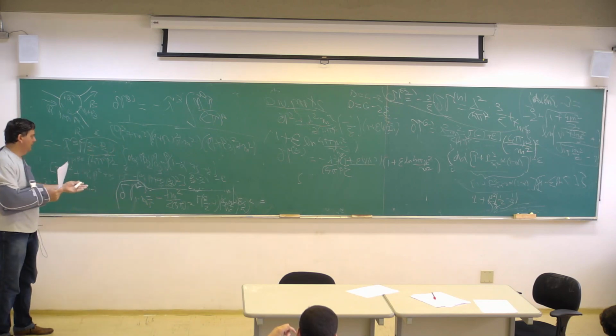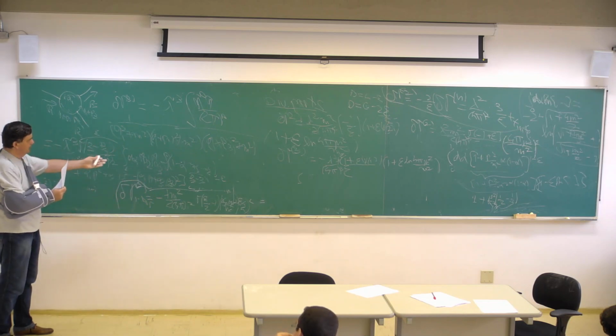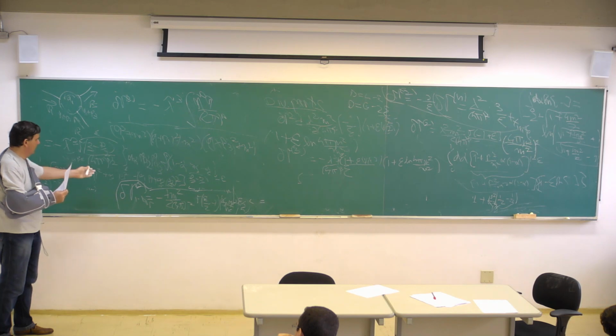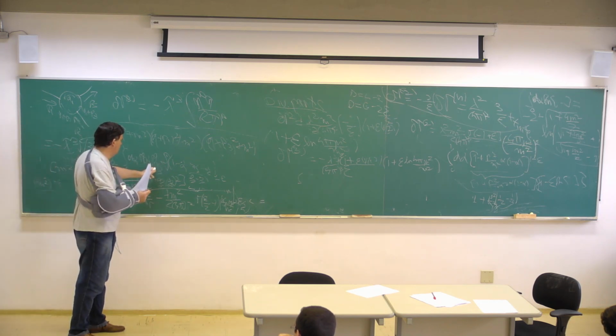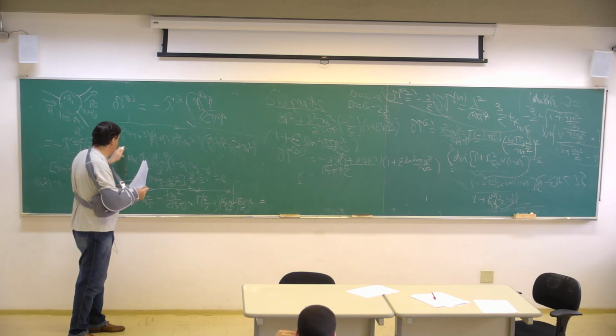But again, for the divergent part, I just put this to 1. And then the integral of alpha 3 gives just 1. And then the other 2 gives also 1, because this is from 0 to 1.